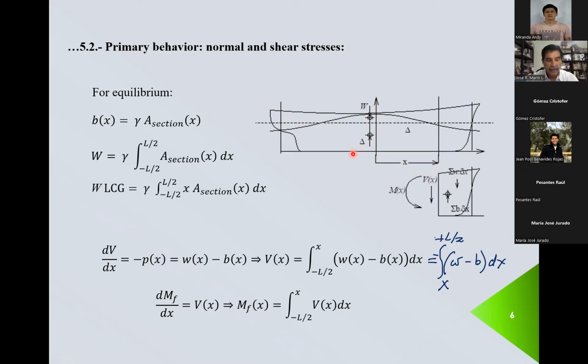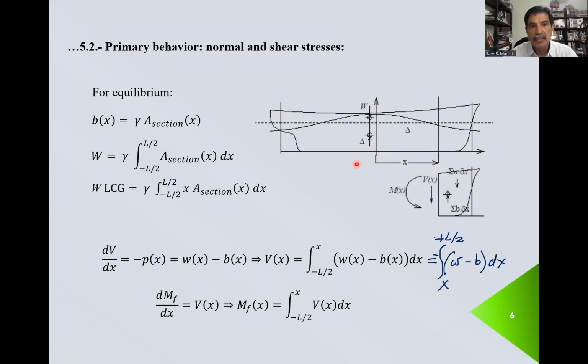But we're going to assume that we have small trims, so LCG equal to LCB, plus W equal to the displacement, are the conditions that we have to look for to have static equilibrium.